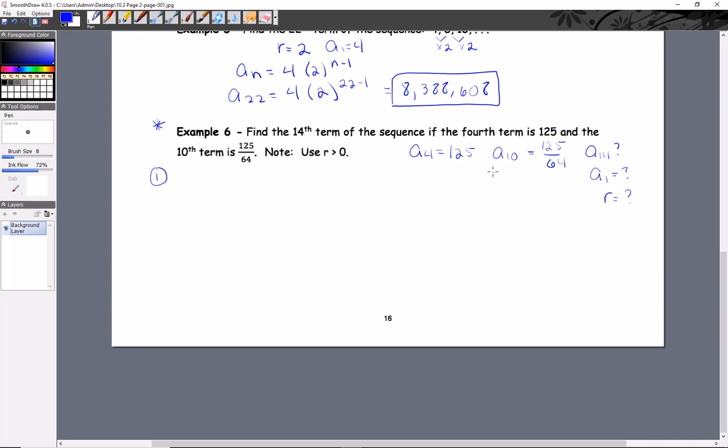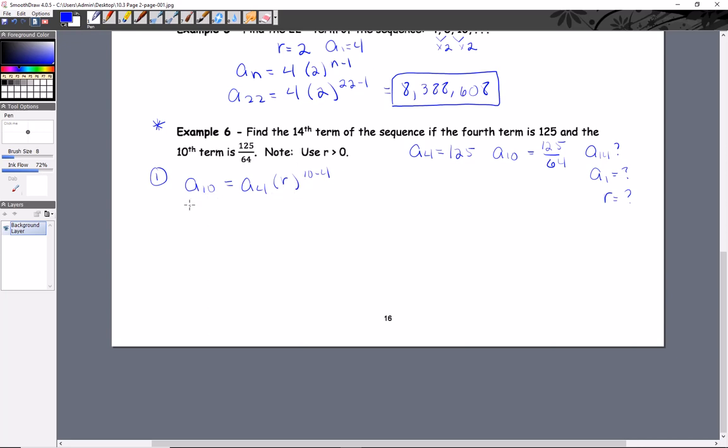So we're just going to take the subscript, or the term that's the furthest along. It's clearly not the biggest, but it's the furthest one along. A10 is going to equal A4 times R to the 10 minus 4 power. And this will enable us to calculate R.